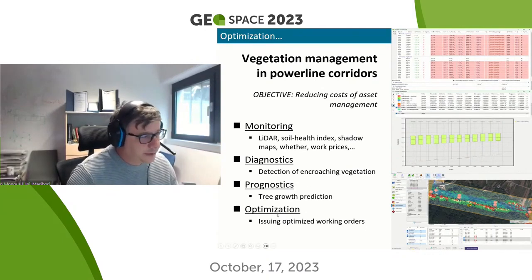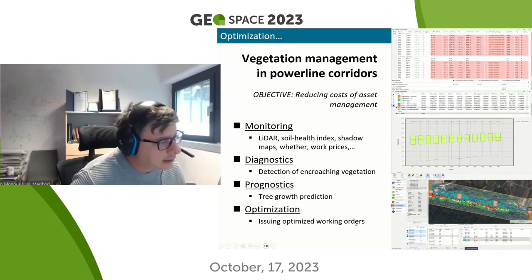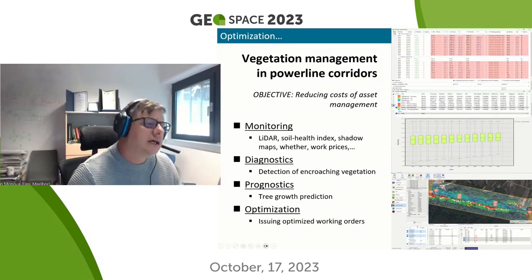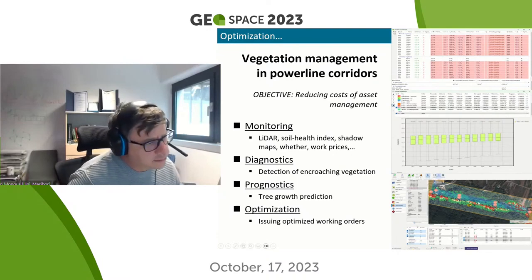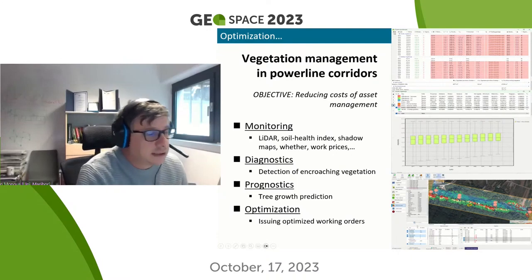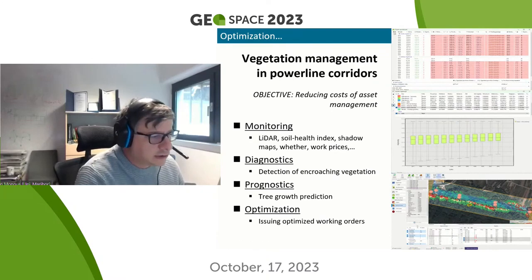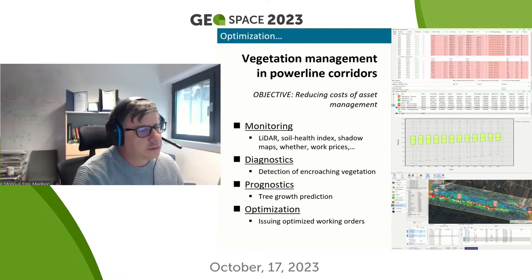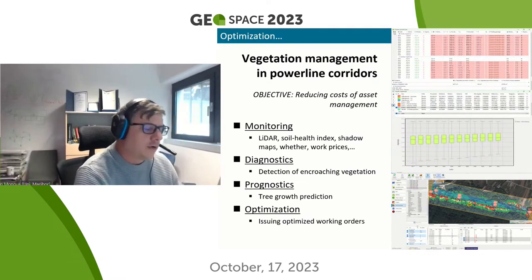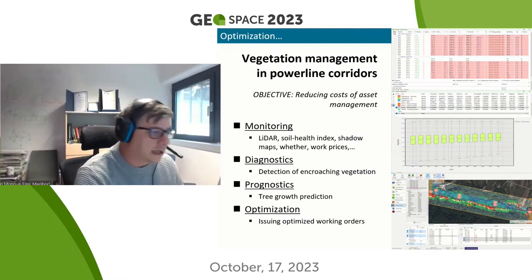Based on these inputs, we can then estimate the costs related to cleaning such power transmission lines, and based on that, we can then optimize the costs and actually order work orders, which are then fed to the asset management systems of our government.